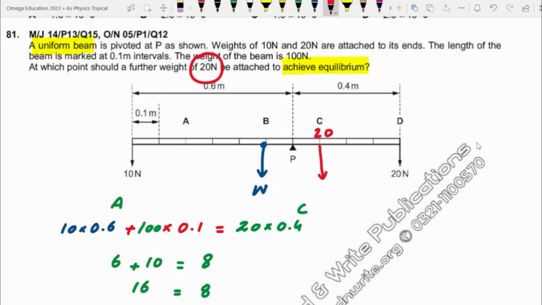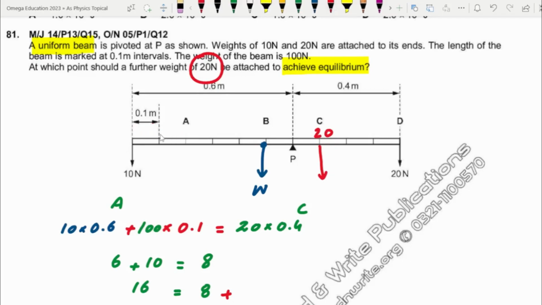So will that force be enough to produce an extra 8 Newton meter torque, or 8 Newton meter moment of force? This is the question that we need to figure out. And since this distance is not given, you don't know exactly how far the point C is, but you see each segment is 0.1 meter.